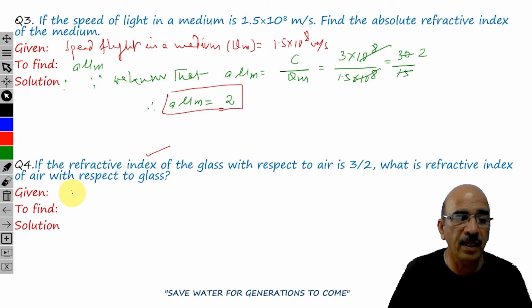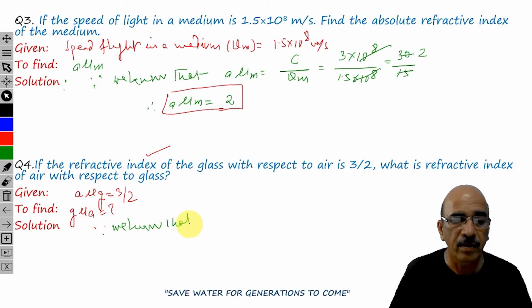So here A mu G is 3 by 2, and we need to find G mu A. We will write, since we know that, what is the formula, do you know?